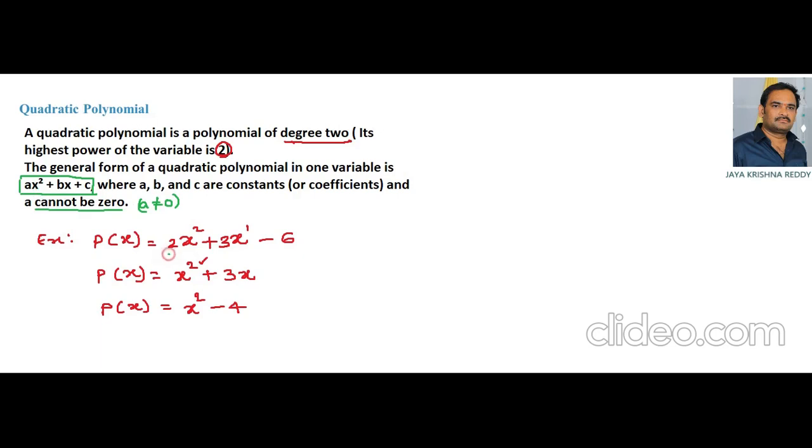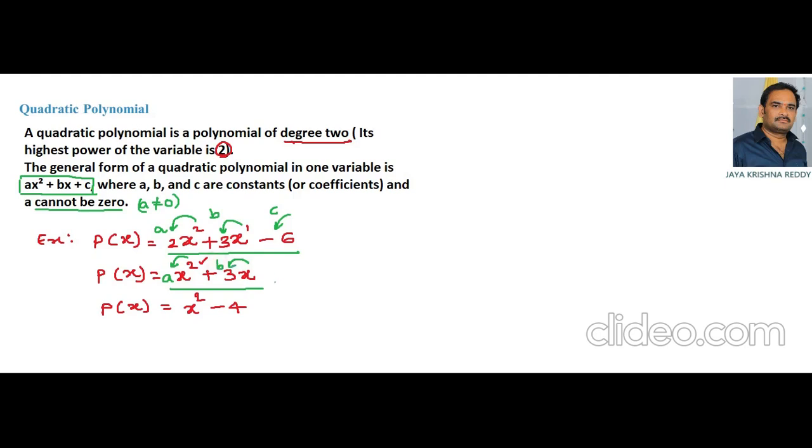See, in the first example the x square coefficient is 2, this is small a. The coefficient of x is 3, this is small b, and the constant is minus 6, this will be considered as c. So this is in the form of ax square plus bx plus c. In the second example also, the coefficient of x square is 1, so that is a, and the coefficient of x is 3, that is b.